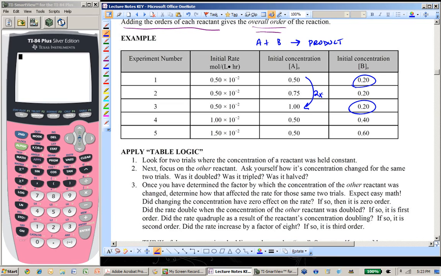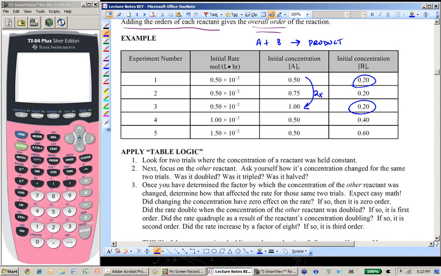And the reason for that is because I'm probably not as mathematically gifted as you are. On my good days, I can multiply by 2, divide by 2, square 2, and on my very best days, I can even cube 2. So I'm always on the lookout for a concentration that doubles. I don't always get it, but I'm faster if I look for this. This is going to take some practice on your part.